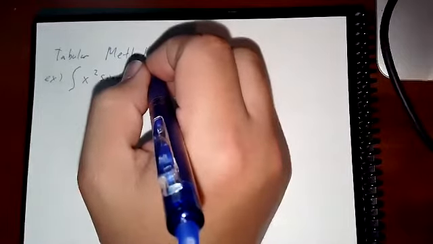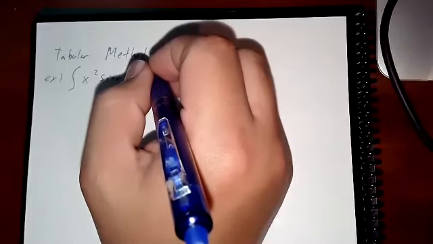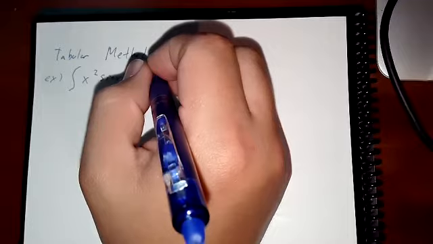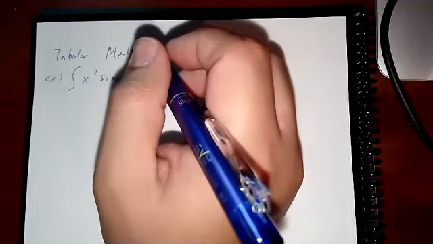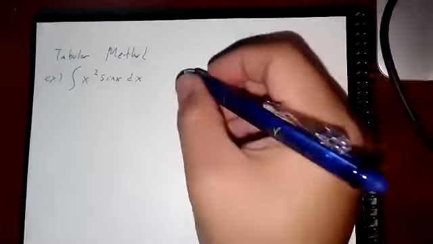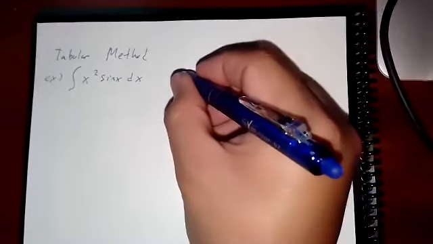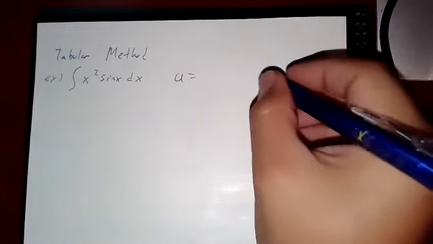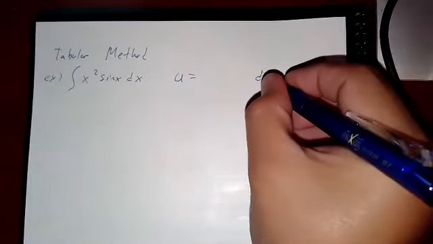So what I recommend is using the tabular method. But first, maybe we could do it both ways, so you can see the difference. What do you think is a good u?